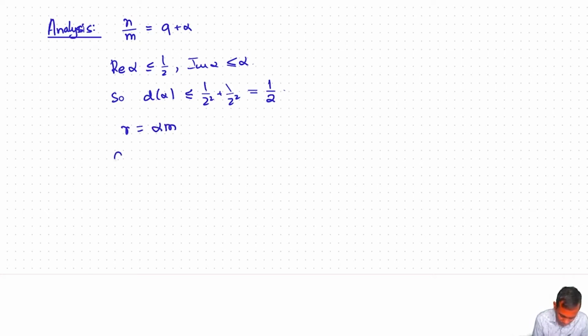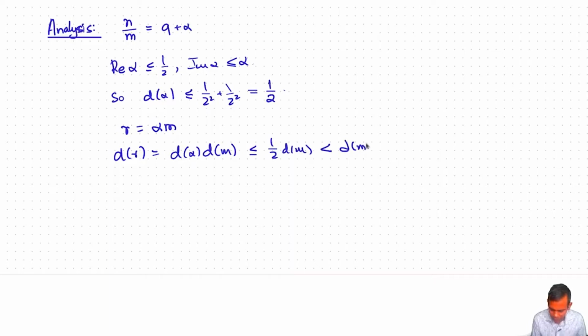So because of the multiplicativity of this d function, which holds for Gaussian integers, d of r turns out to be d of alpha times d of m, which is then less than or equal to half d of m, which is strictly less than d of m. So this is why this method I've described for doing Euclidean division of Gaussian integers always works.